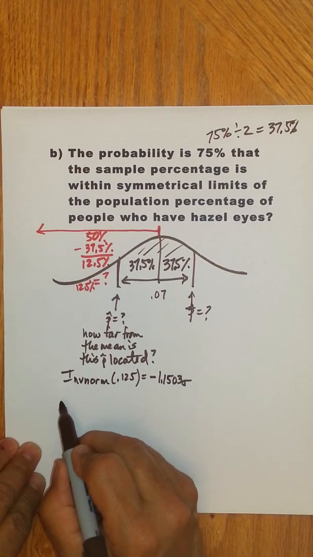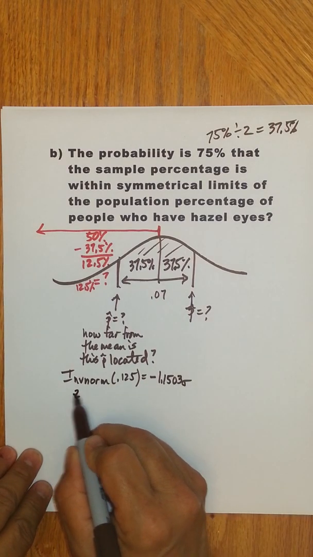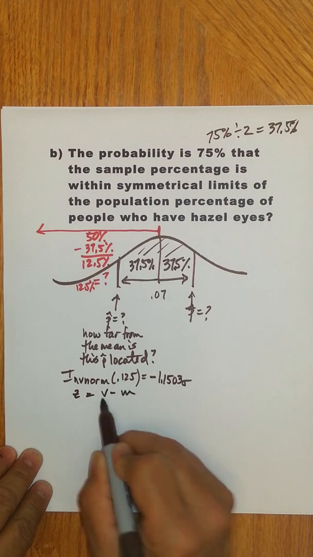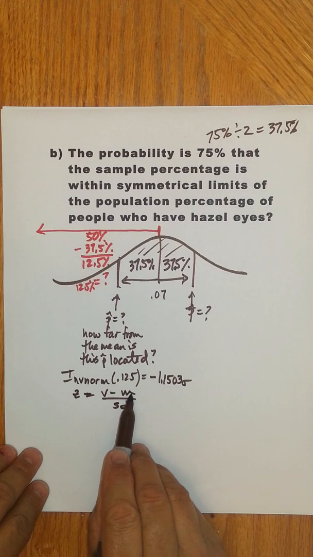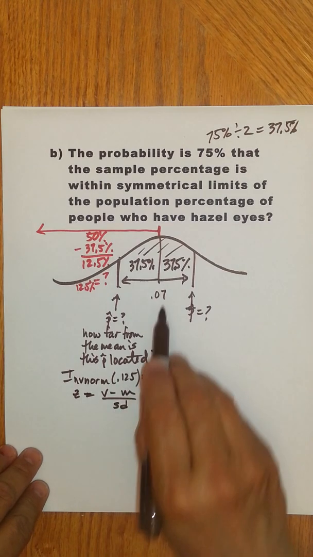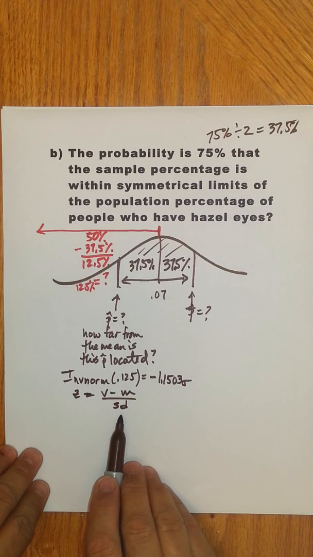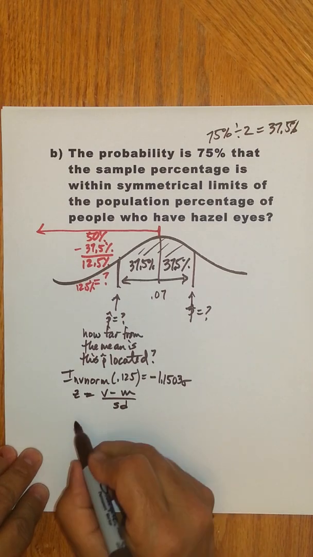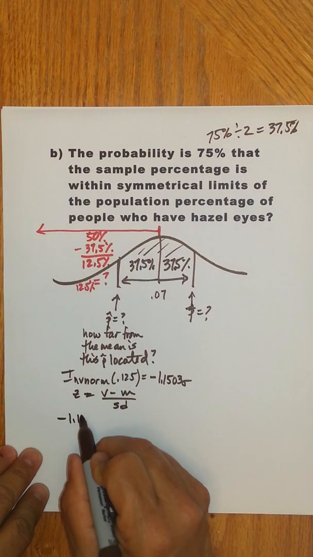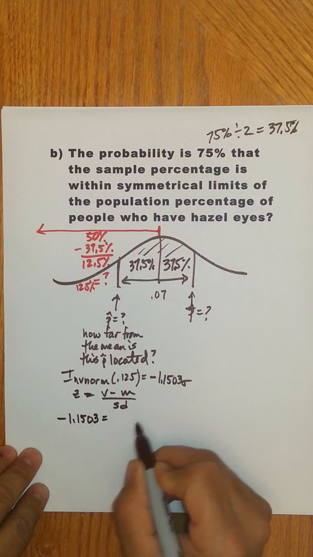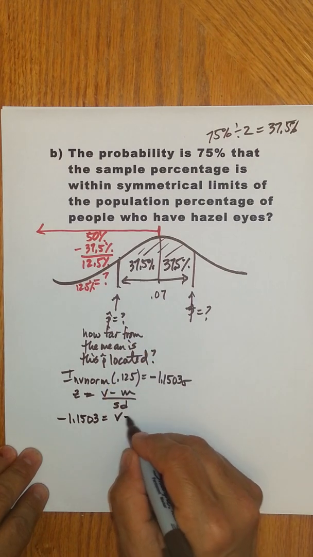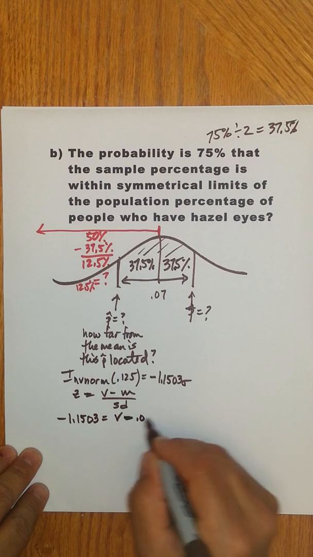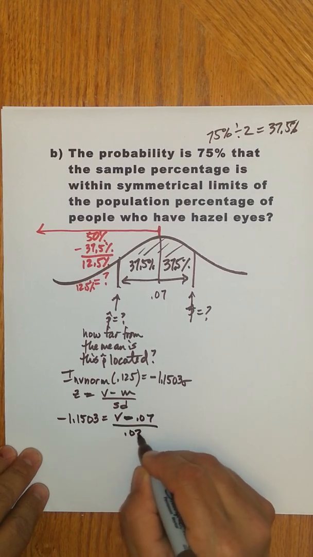All right, so now I can use my z equals value minus mean over standard deviation. But now my value is p hat, my mean is p, which is 0.07, and the standard deviation in this particular problem is 0.021. So I'm going to have negative 1.1503, and here is the value I'm looking for, which is a sample proportion. The mean is 0.07, and 0.021.